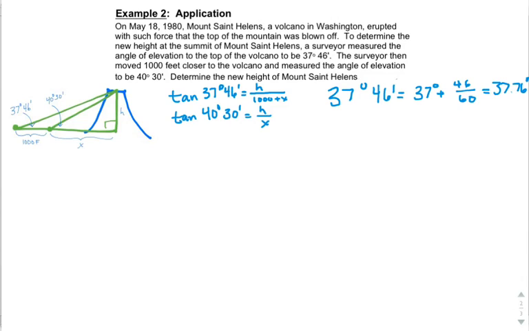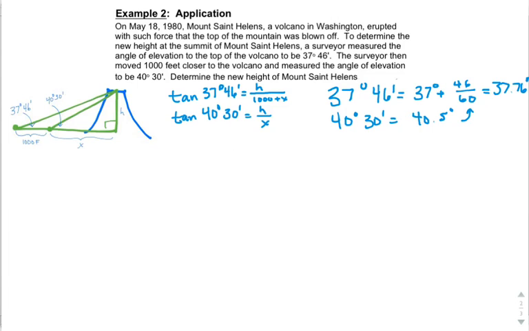The other one is going to be easier, 40 degrees and 30 minutes. I really don't even need to think about that. 30 minutes is half of 1 degree, so it's going to end up being 40.5 degrees. Otherwise, you would still work it out the same way as we did up top, but 30 over 60 is a half, and we can all think that in our heads.